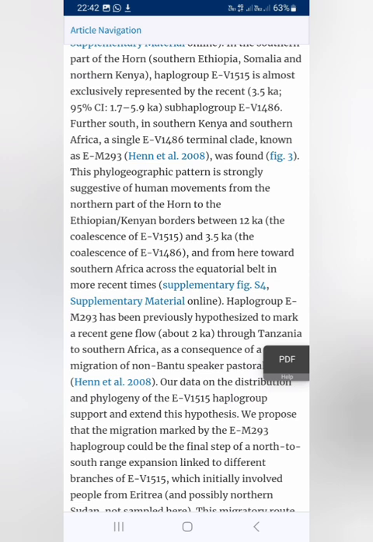EV148. Further south in southern Kenya and southern Africa, a single EV1486 terminal clade known as EM293 was found.